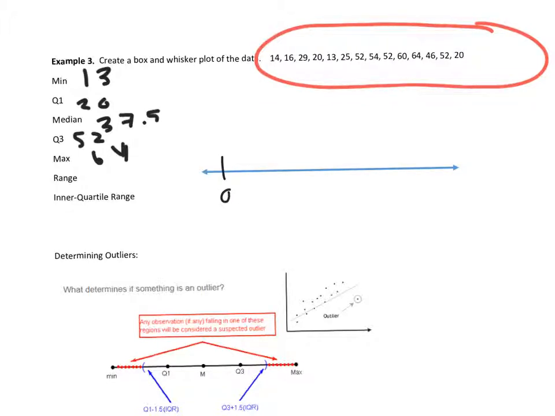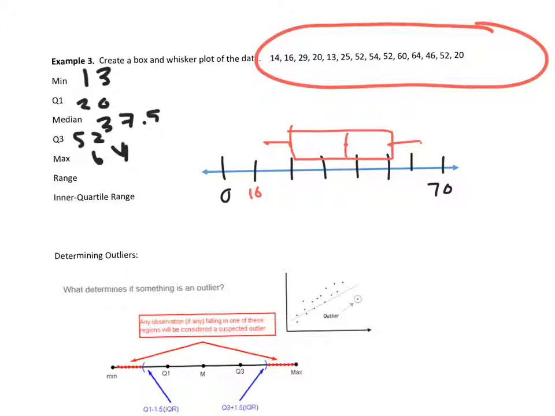I'm going to go from 0 to 70, so 10, 20, 30, 40, 50, 60. Not perfect. Okay, 13 is going to be right here, then 20, 37.5, 52, and 64. So I make my whiskers and the box.